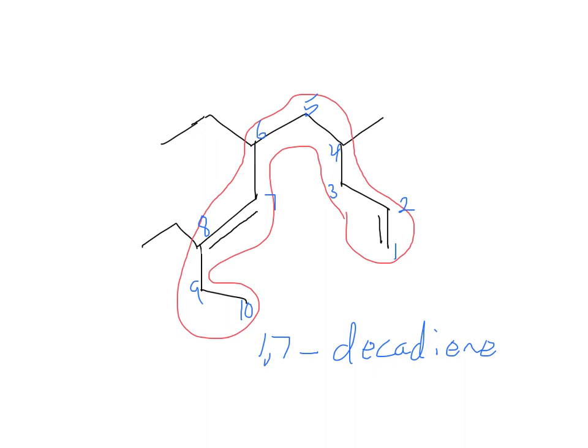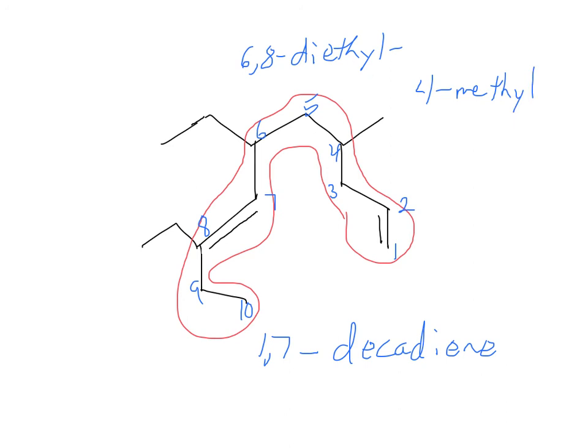What other pieces do we have here? We have 2 ethyls, so we have a diethyl, at 6,8. That's one piece. What else are we missing? A 4 methyl.